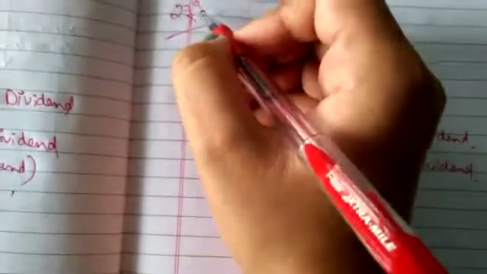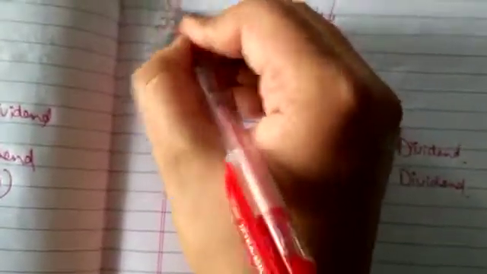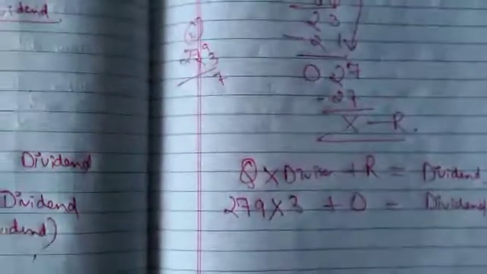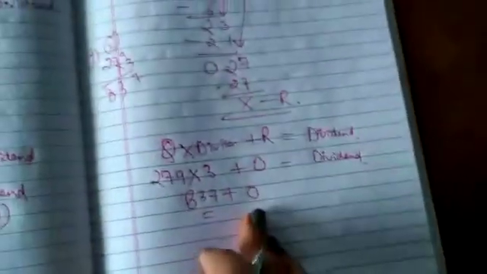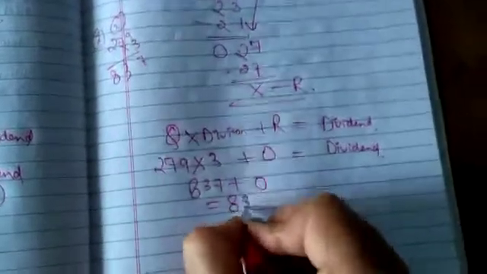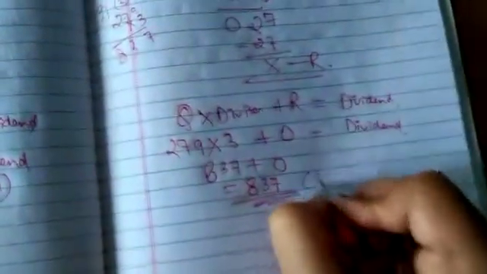Now multiply 279 into 3 on the rough page. 3 nines are 27, put 2 as carry. 3 sevens are 21 plus 2, 23, carry 2. 3 twos are 6 plus 2, that is 8. So the answer is 837, plus 0. When we add 0 to any number we get the same number, 837. So this is our dividend, and we are getting the same dividend.